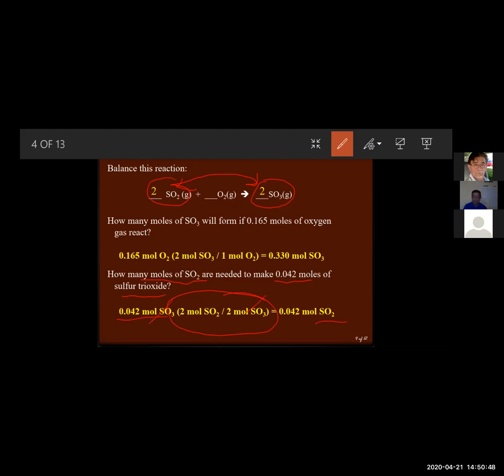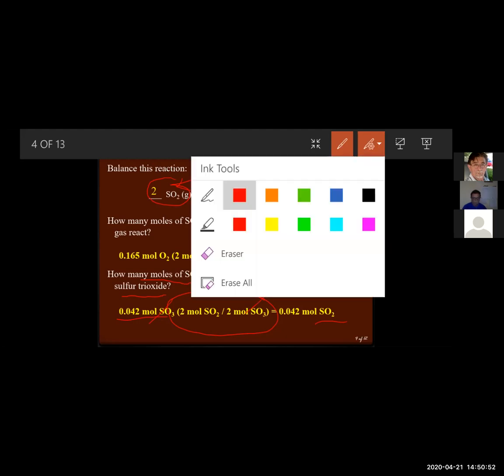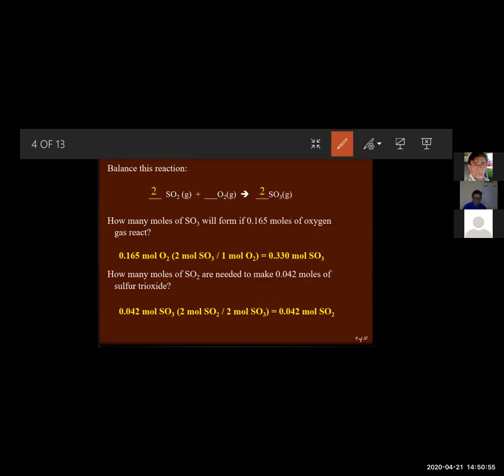So in this case, for this reaction, if I need to make 0.42 moles of sulfur trioxide, the product, I need the same amount of sulfur dioxide because the relationship is a 1 to 1 or 2 to 2. Okay.